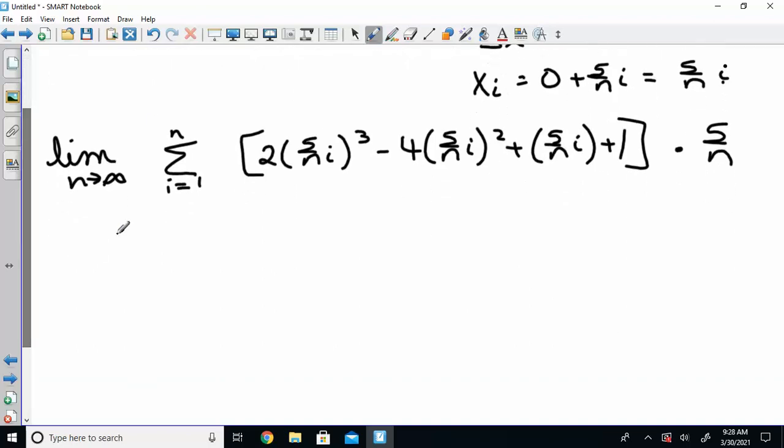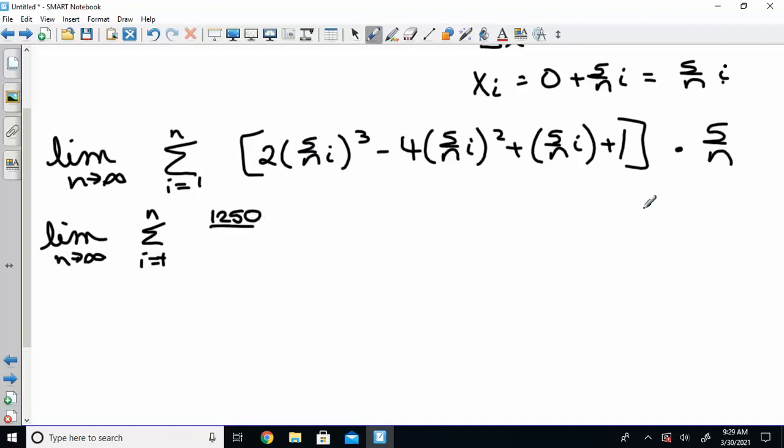So now let's calculate it. Let's start by cleaning up everything we can before we take the sum. Can I distribute my 5 over n and multiply this out? So 5 cubed is 125 times 2 times my 5 is 1250.